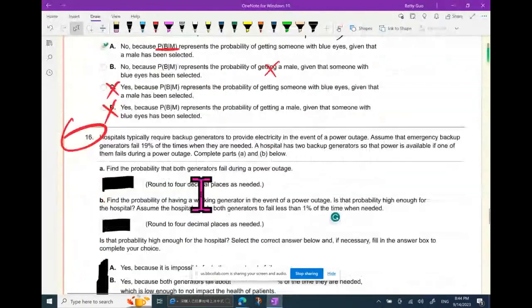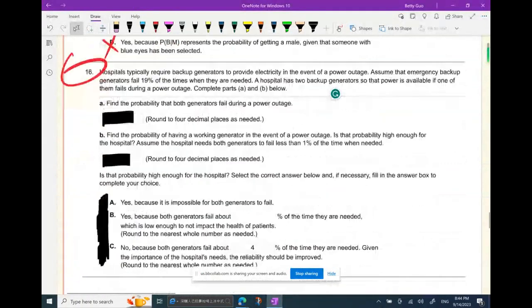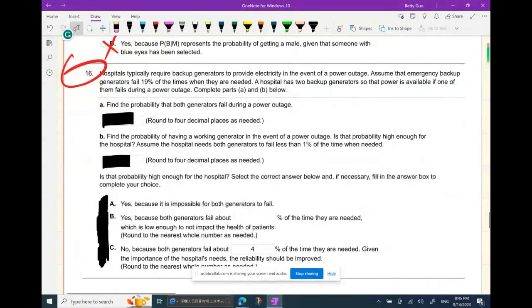Okay, number 16. Hospitals typically require backup generators to provide electricity in the event of a power outage. Assume that emergency backup generators fail 19% of the time when they are needed.